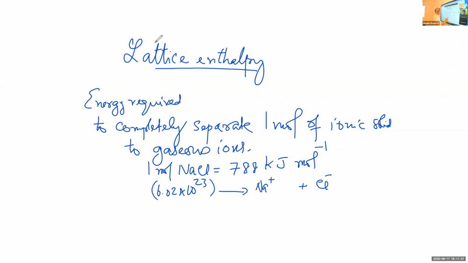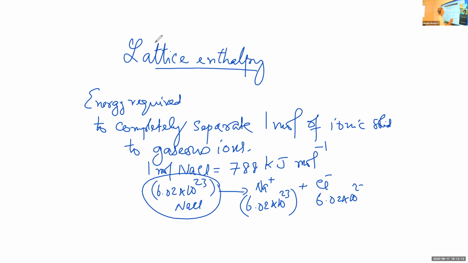From one sodium chloride you will get one Na plus and one Cl minus. So from one mole, you will get 1 mole, 6.02 into 10 raised to 23, Na plus ions and 1 mole, 6.02 into 10 raised to 23, Cl minus ions.